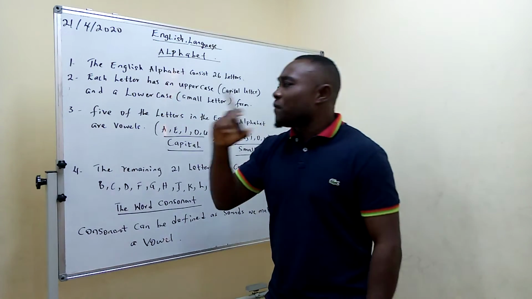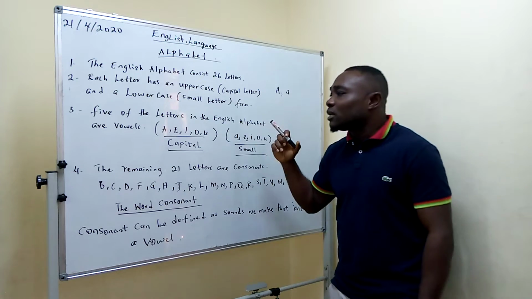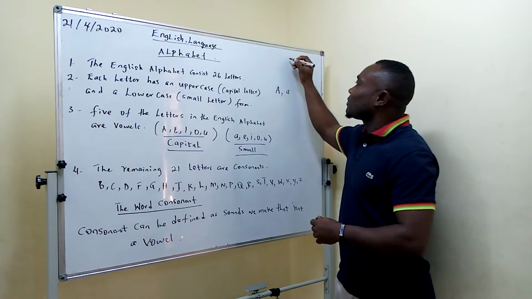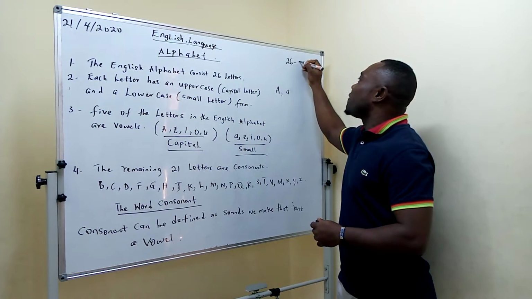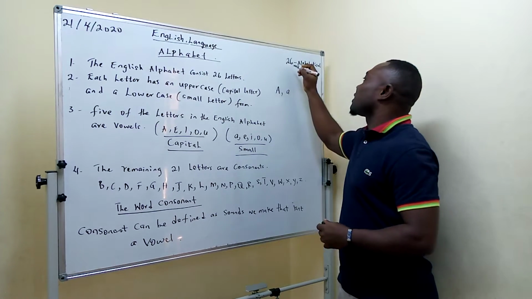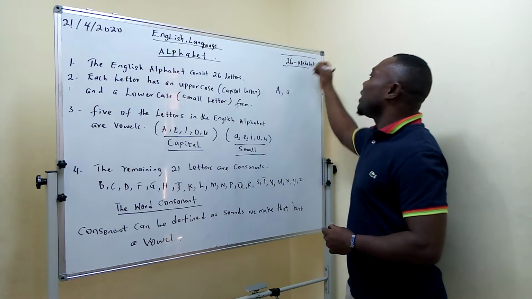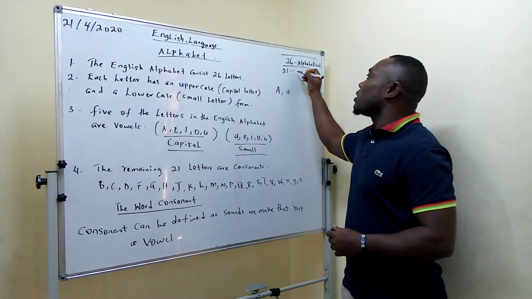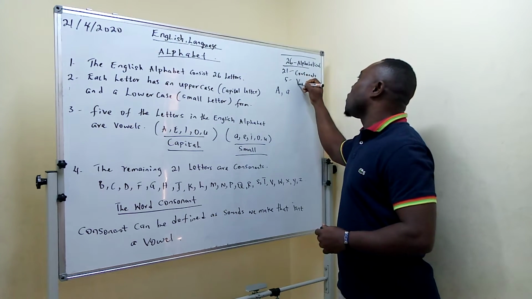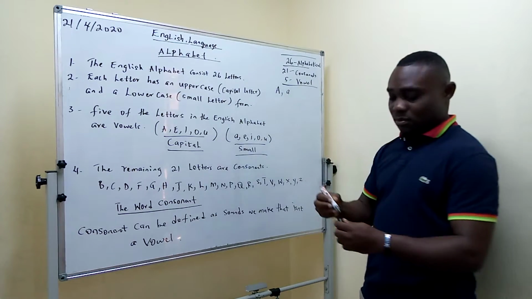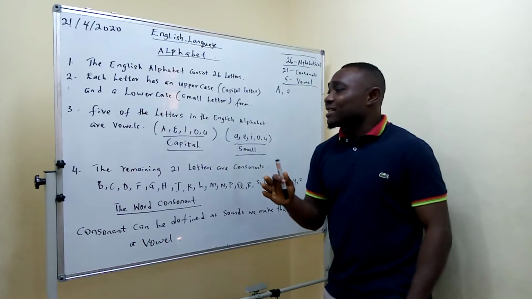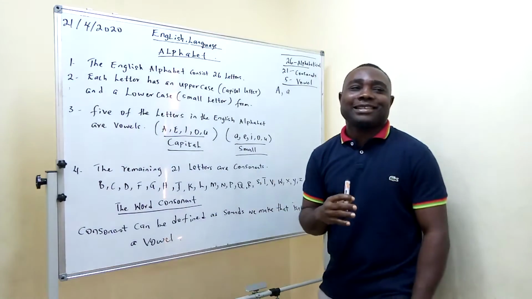Now, out of these 26 letters, 21 are consonants, while 5 are vowels.